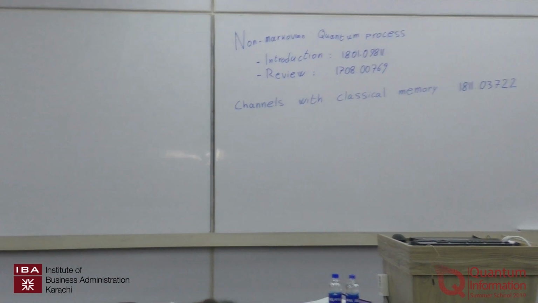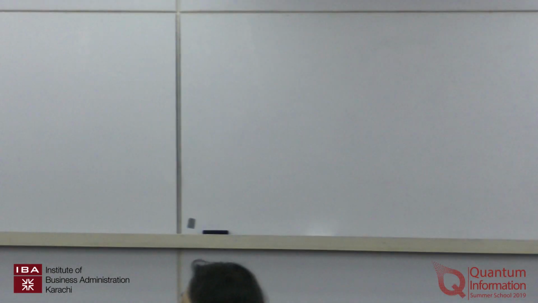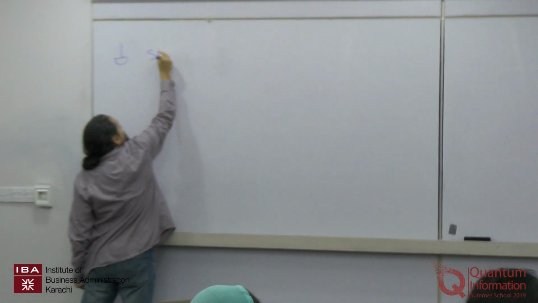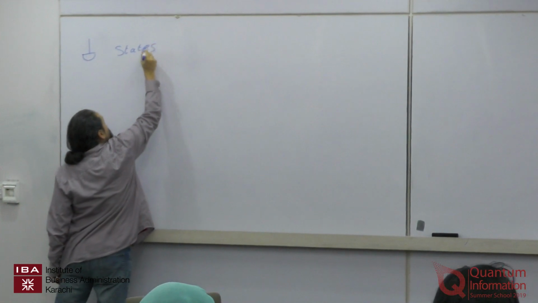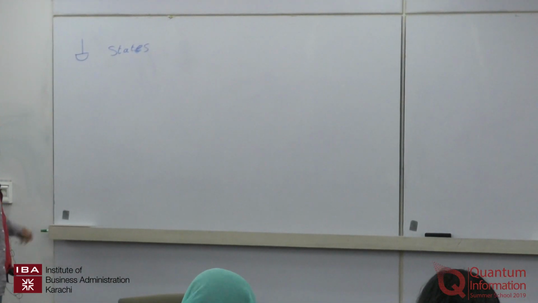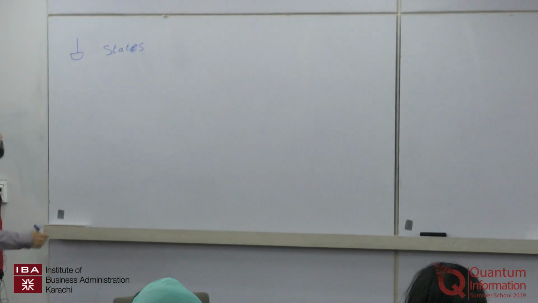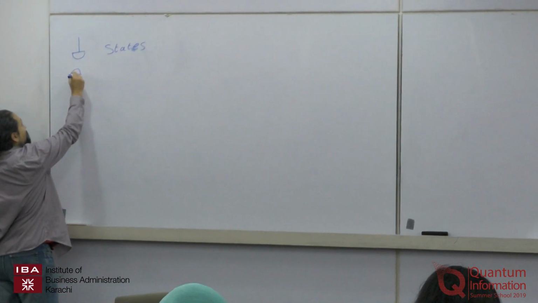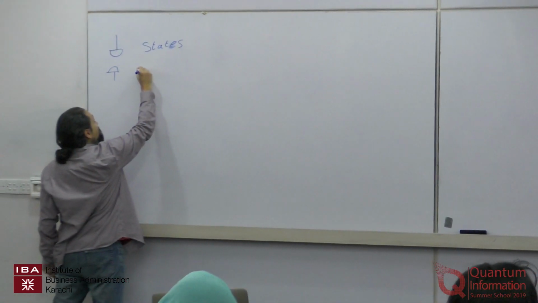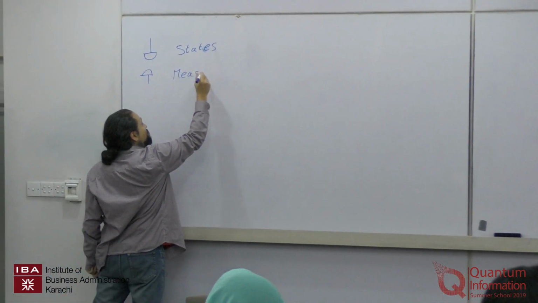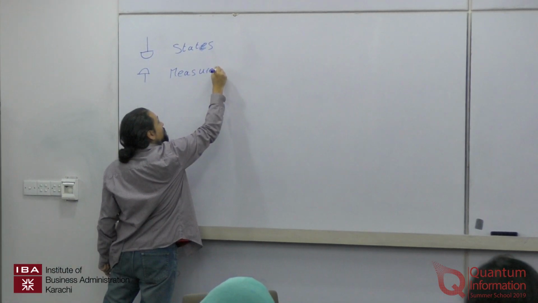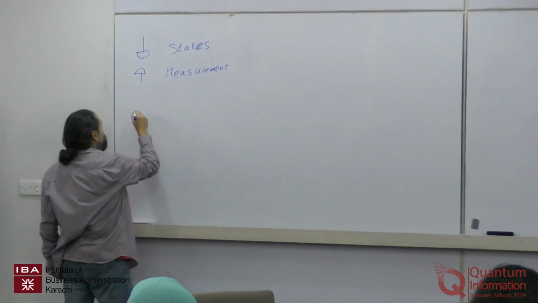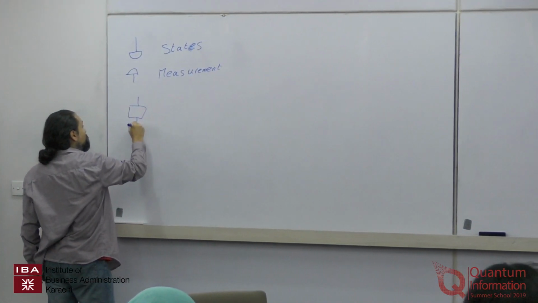I will write first the pictorial elements. We represent states as objects that have a leg up. Measurements are objects with a leg down. Boxes are transformations.